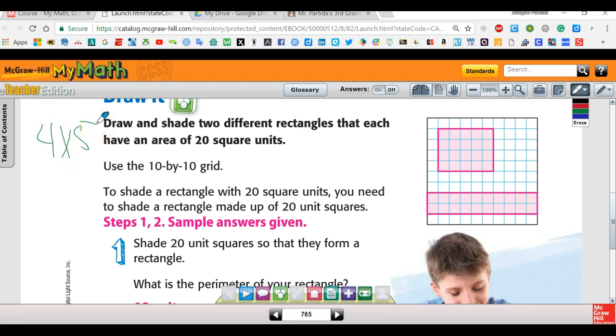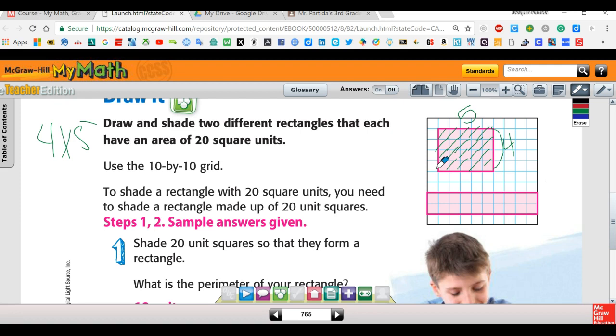This shape has 4 on one side and the length is 5. So 5 times 4 is 20, I should have 20 squares inside. 1, 2, 3, 4, 5, 6, 7, 8, 9, 10, 11, 12, 13, 14, 15, 16, 17, 18, 19, 20. So the area of that rectangle is 20.